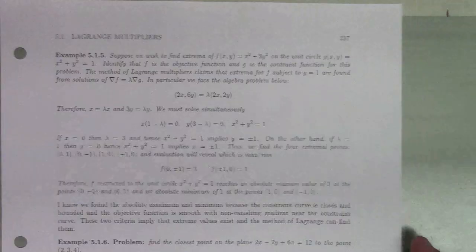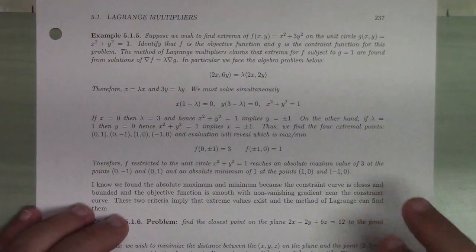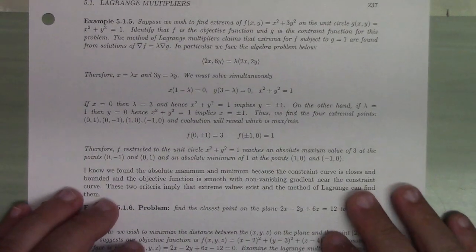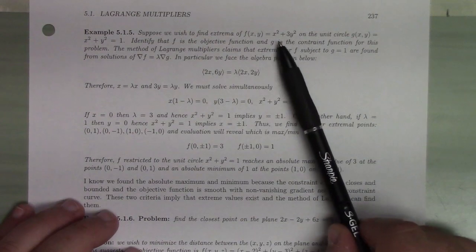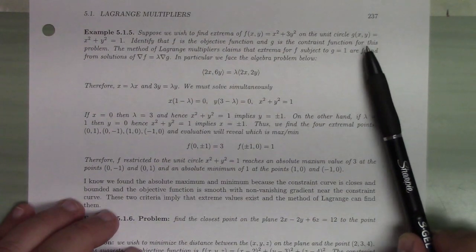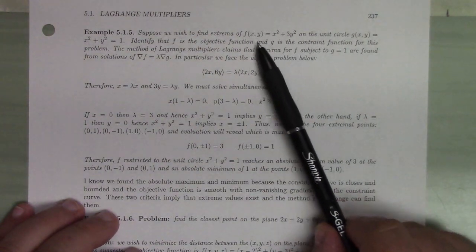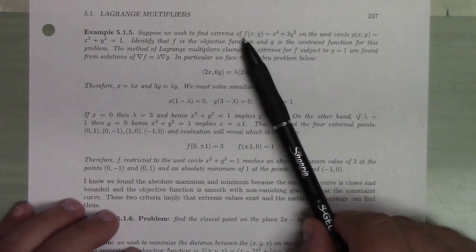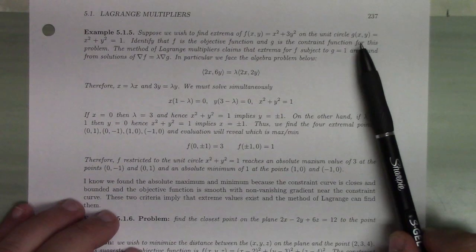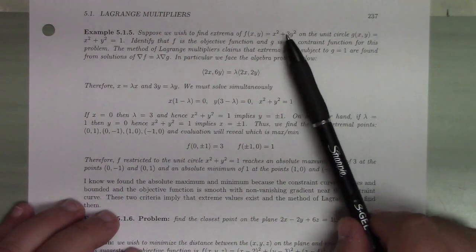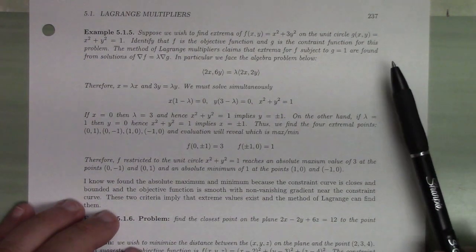Move on here. So I've got a bunch of examples in this section. I won't go through detail on all of them. I'll just give you a summary of the example. This one here, the objective function, x squared plus 3y squared on the unit circle. The objective function has ellipses as level curves, and the constraint is a unit circle, so there are probably going to be 4 points where those line up.